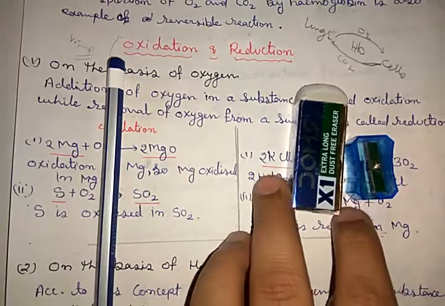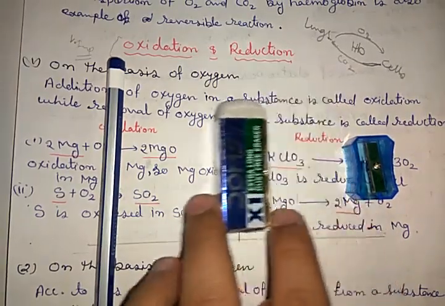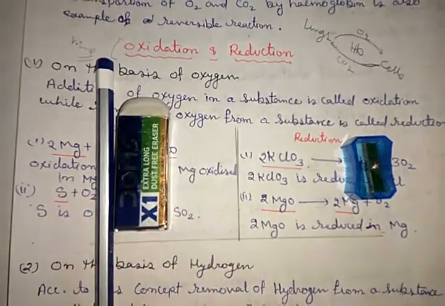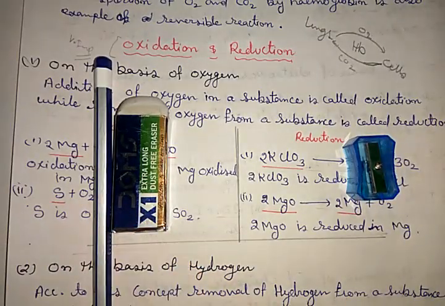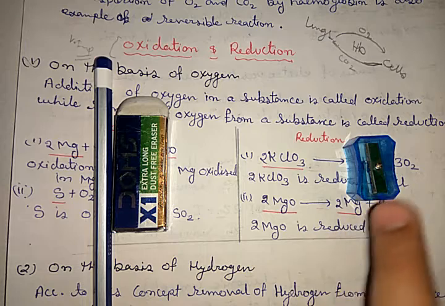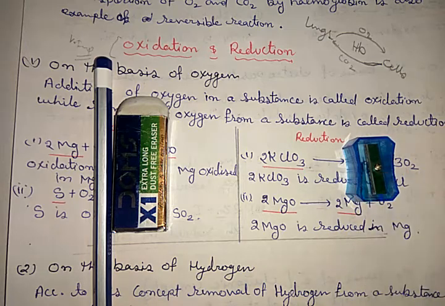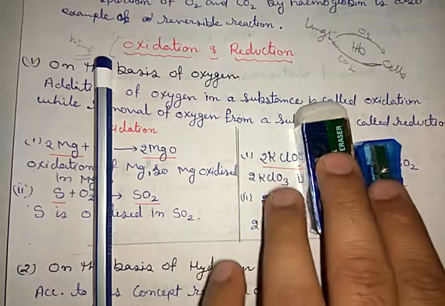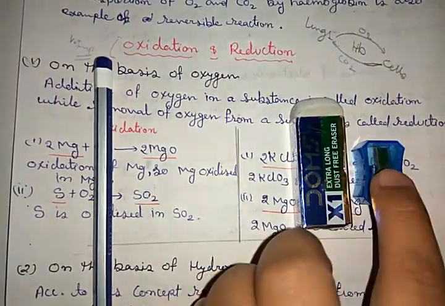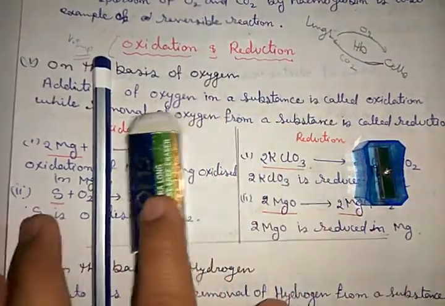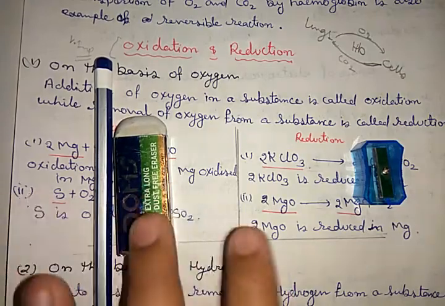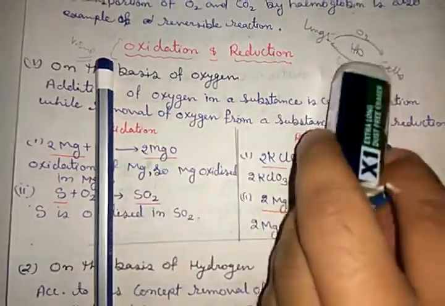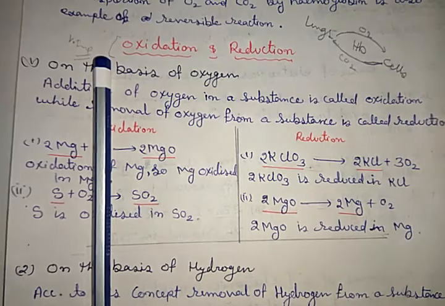If this oxygen attaches with that, then it is addition of oxygen, so it is oxidation, but here it loses or releases the oxygen, that is removal. So when it is removed, that means it is reduced, and when it is added, that is oxidized. Got it? So oxidation and reduction take place together.